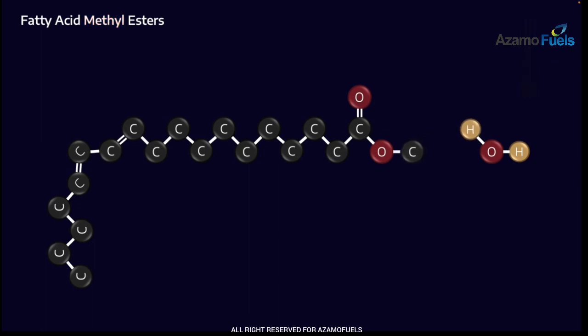So basically, we are creating an ester, right? So if we have an acid and an alcohol, so we had linoleic acid plus methanol, acid plus alcohol makes an ester plus water. And so that's the esterification reaction. And so that's how we get to fatty acid methyl ester. So that's effectively what the biodiesel molecules are.